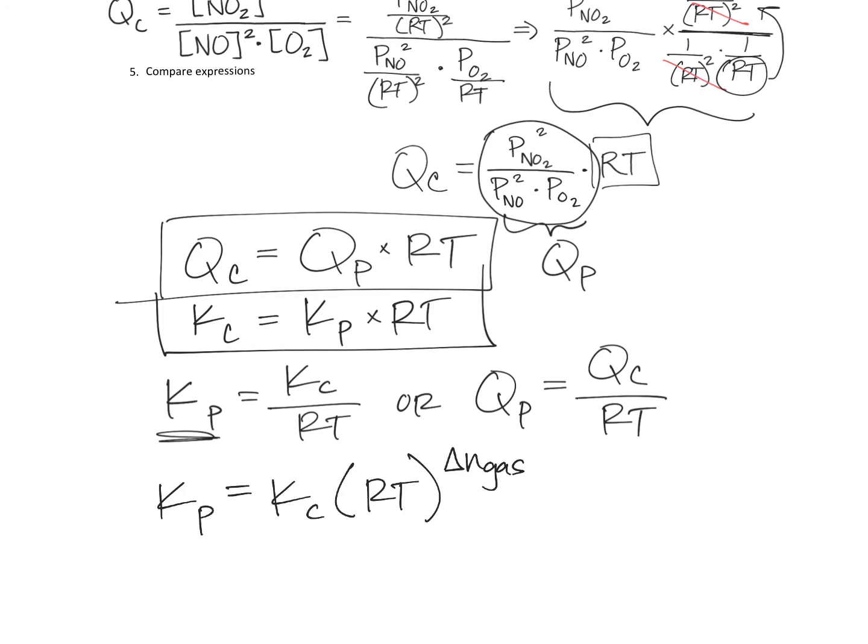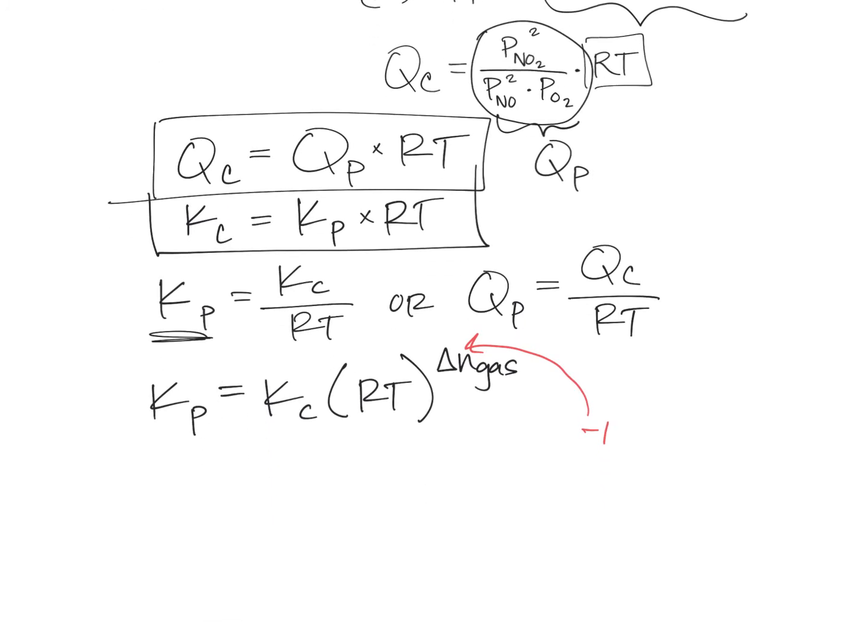So notice if you plug in the change of moles of gas for this reaction, which is -1, what you end up getting is Kp is equal to Kc divided by RT, which is just what we wrote up here. So that change in moles of gas gives us a generic expression, a generic relationship between Kp and Kc that we can use for any reaction.